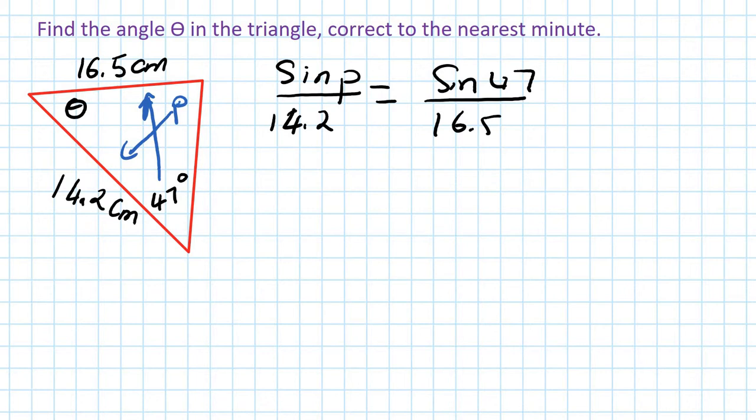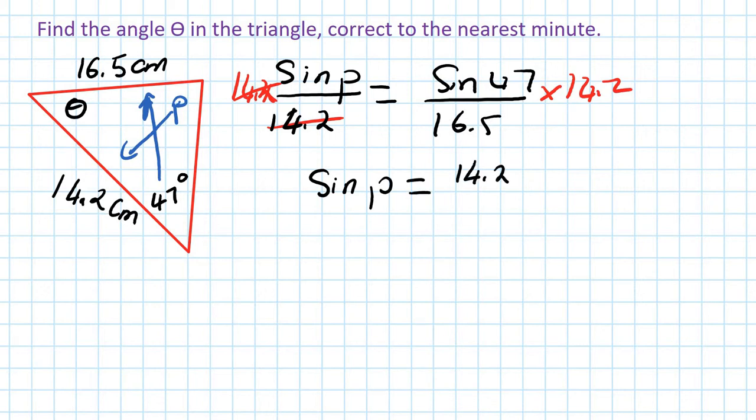Then I times 14.2 on both sides, so the 14.2 is gone. This means that sine of P is equal to 14.2 sine of 47 over 16.5.